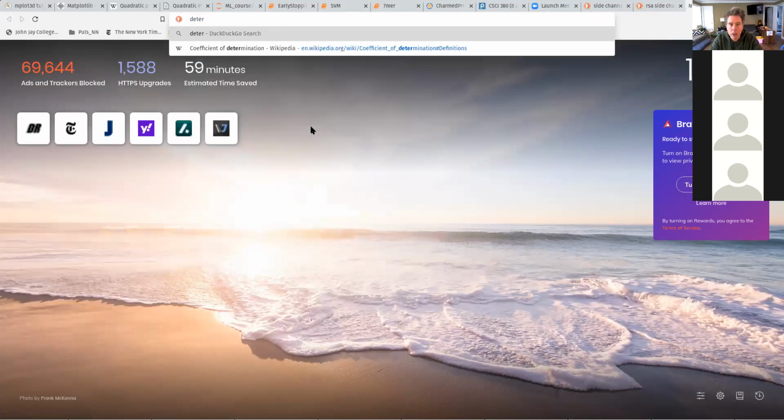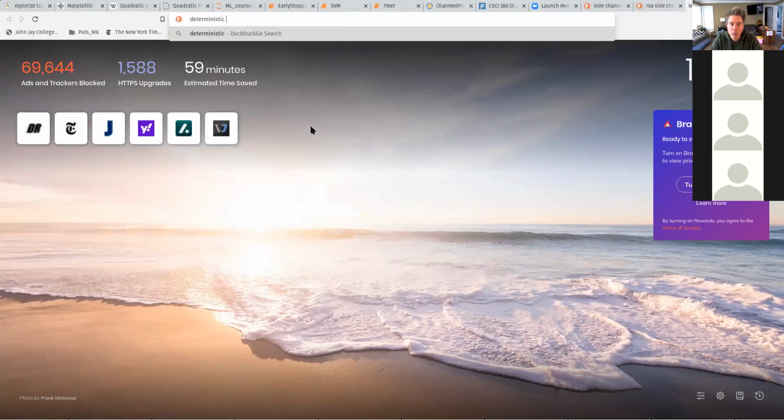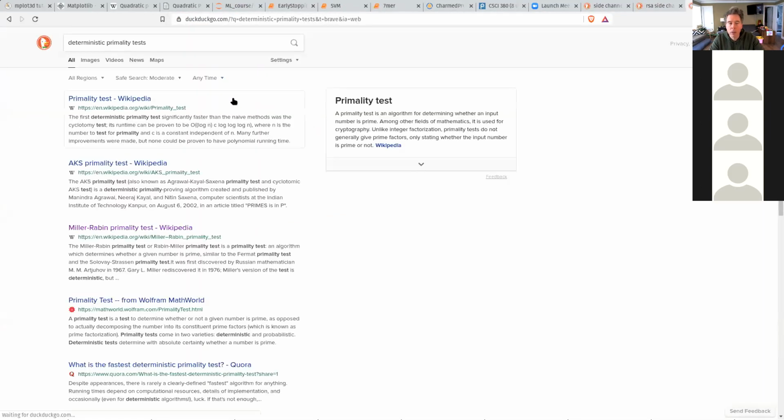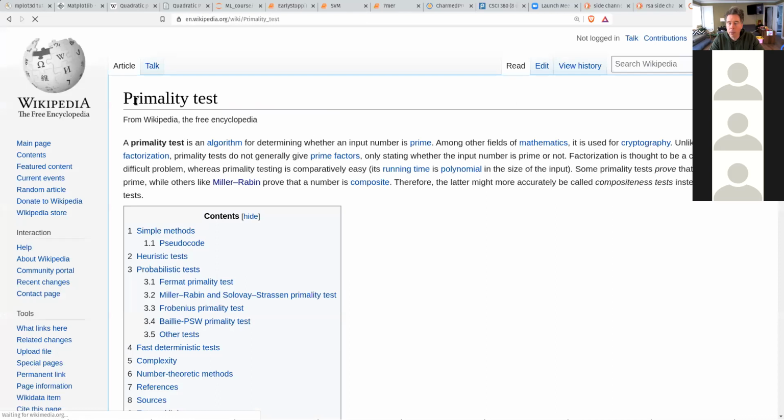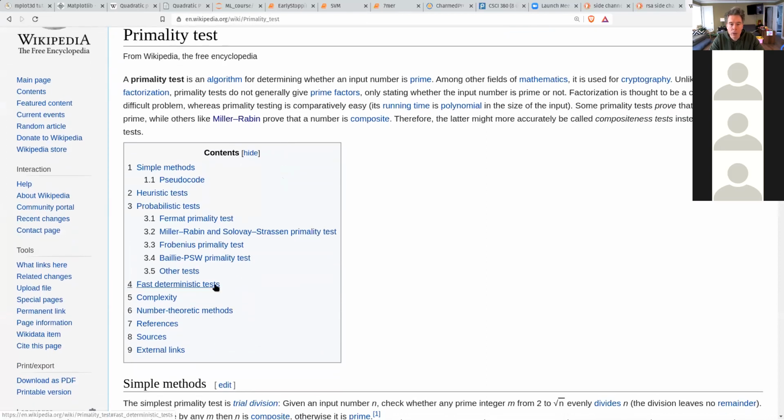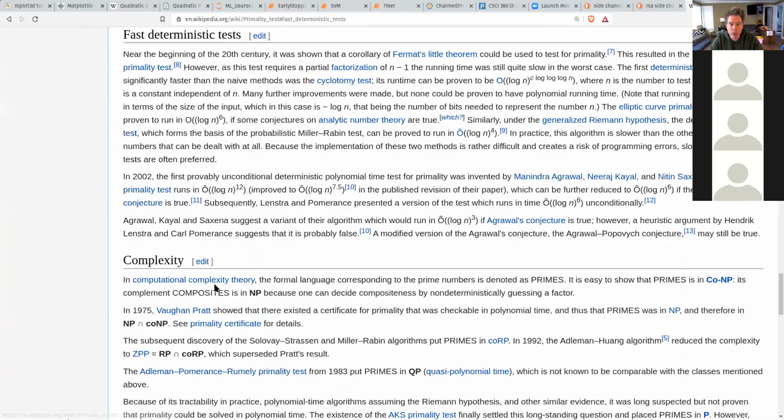You can Google deterministic primality tests. The first algorithm for determining whether a number is prime that ran in polynomial time was only discovered really recently. I think it's in 2002.